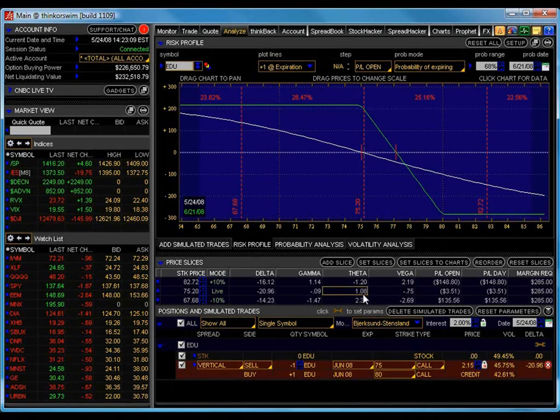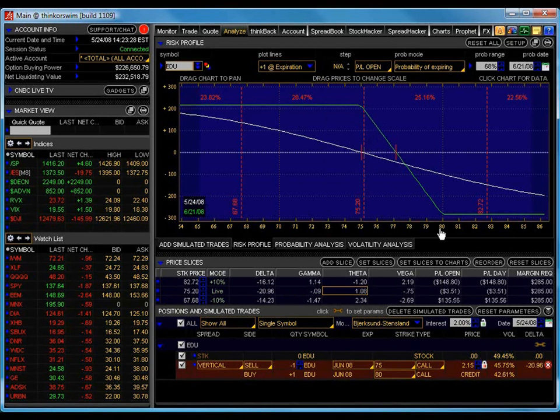Which means that as time progresses, as we get closer and closer to expiration, we would hope to achieve $1.08 profit every single day that we hold this position, given that prices would remain relatively stable.